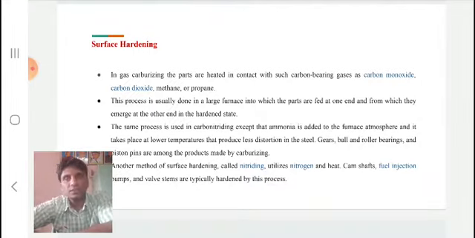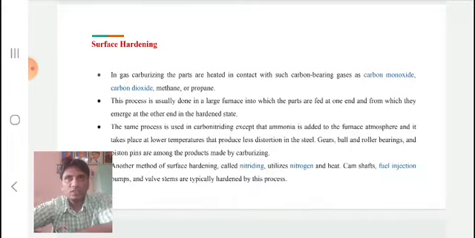Not only fast, the equipment used is also very simple compared to the pack method.